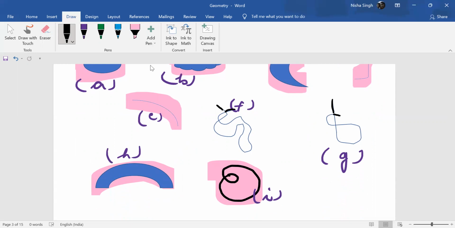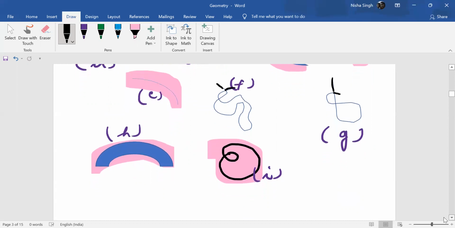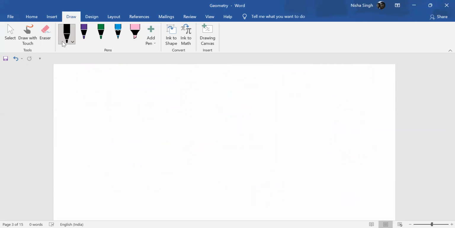They are again open, but they are not simple curves. अब मैं आपको ये बताऊंगी कि इस सेशन में simple closed curve क्या होता है and the curves which are closed, but they are not simple closed curve. So let's talk about a simple closed curve.